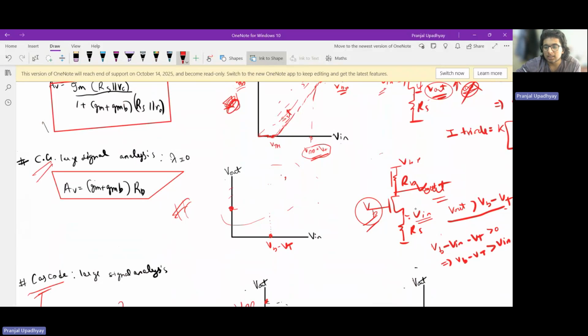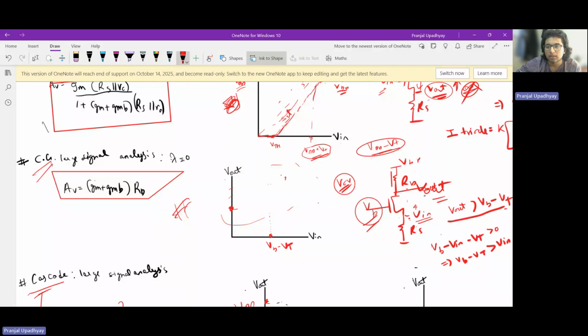And now as I increase my Vin, how will my Vovervdrive behave? See, let us say that even if I say my VB is VDD, which is the maximum value that VB can typically go, my overdrive is VDD minus VT, which means that this is probably greater than the drain to source voltage, because huge current is already flowing because of saturation.